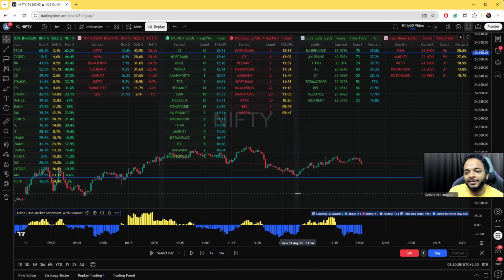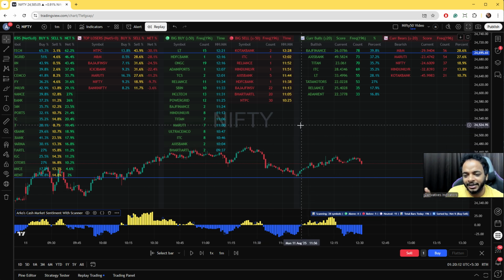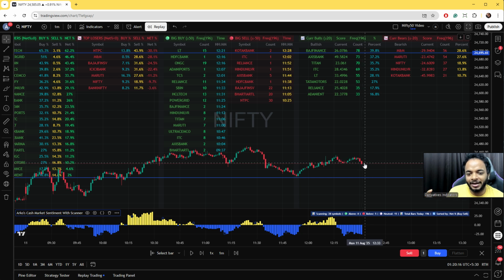In real time you don't have to, because in replay mode each of the bars comes very quickly, and it has to calculate all of this very quickly, so due to the limitation of Pine Script it's happening. But in real time you can put 40 stocks and it will run. Again, as I said, 35 to 36 would be the best.